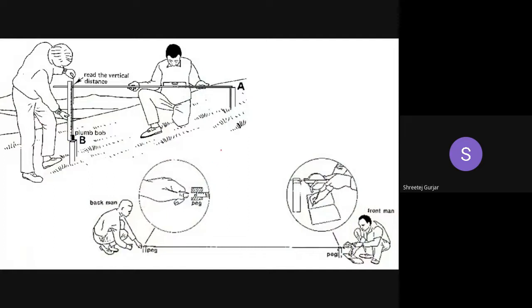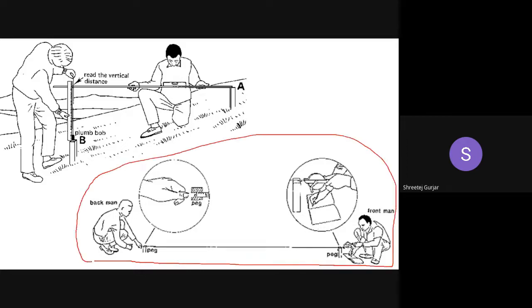What are these two persons doing at the bottom? You can see they are doing some purpose. What are they doing exactly in the bottom figure?